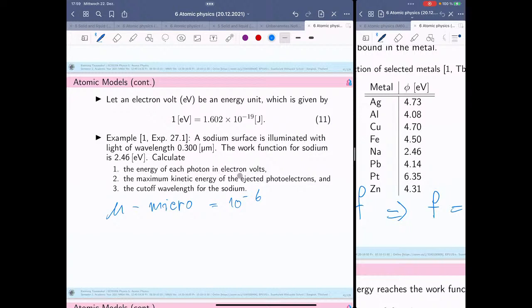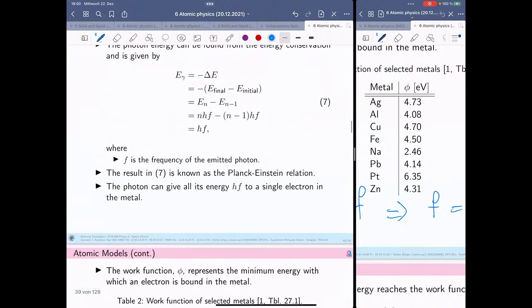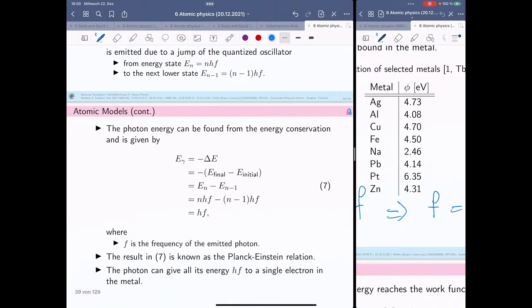For the first question, the energy of each photon in electron volts, we could use E gamma. Energy of photon is hf, as we have found in this expression.